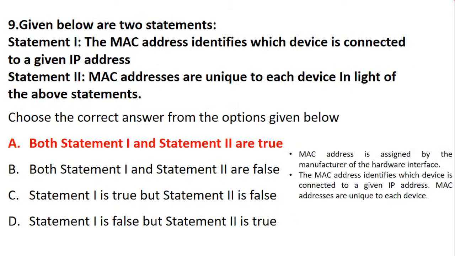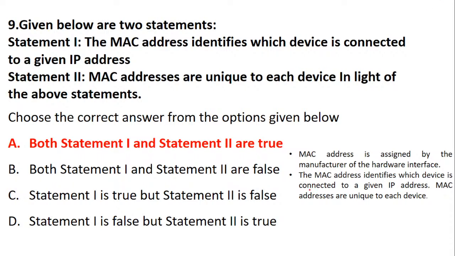Okay. Now, first of all, when we talk about the MAC address, it identifies the device which is connected to the given IP address. Yes, that is the media access control address. It is the one which identifies the connected device, which says that statement 1 is true. At the same time, MAC addresses are unique to each device, and that is also true.